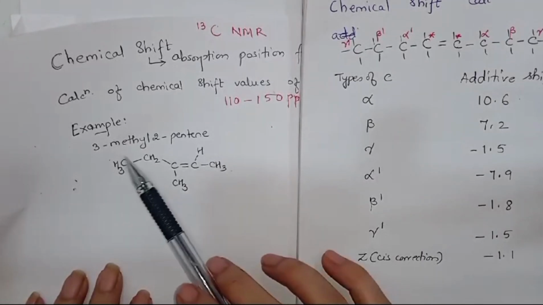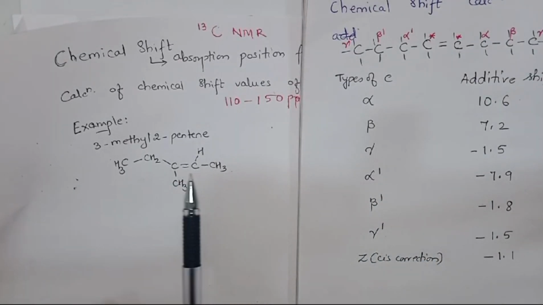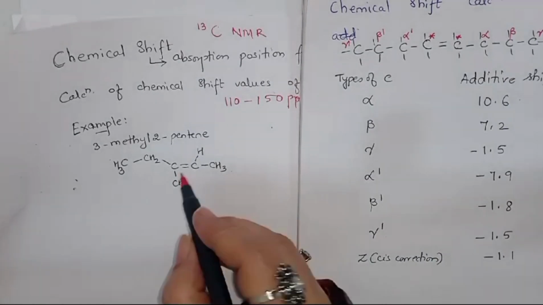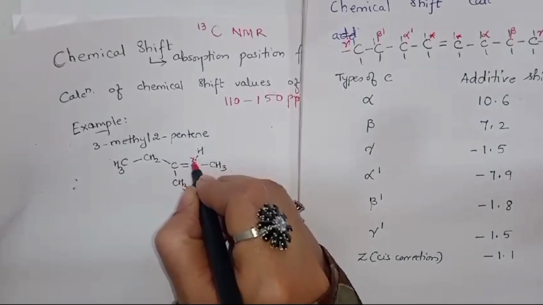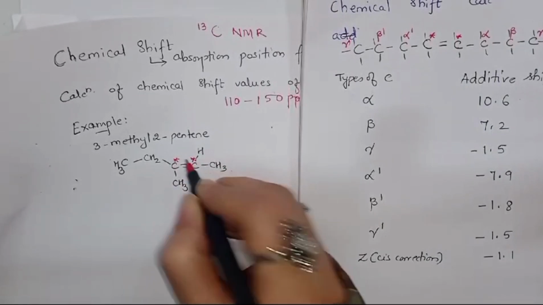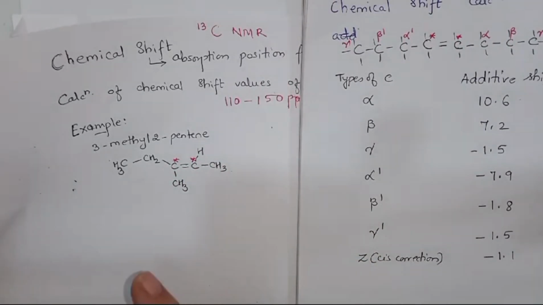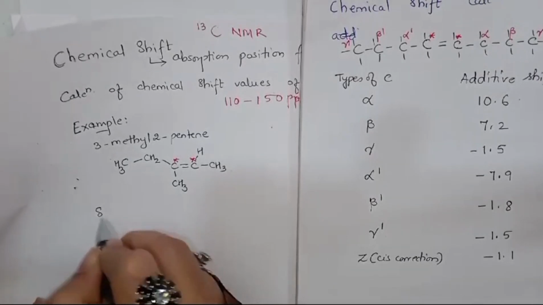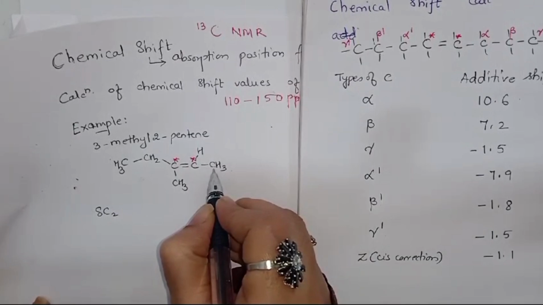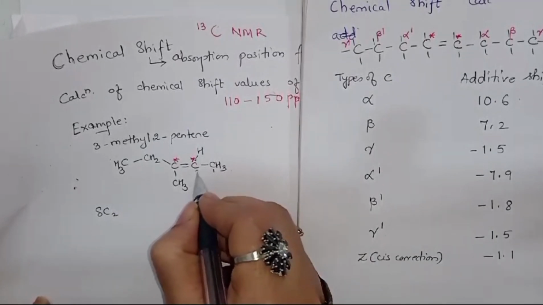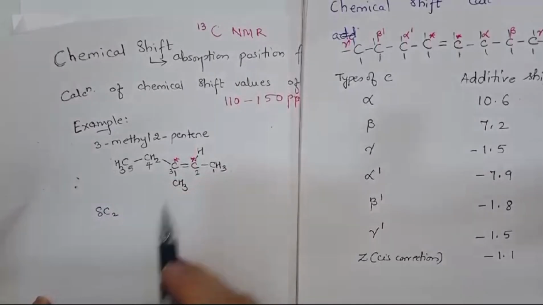An example of 3-methyl-2-pentene. Let us put the star on the carbons. In between the double bond, we get a star. Now, let us calculate shift for carbon 2. This is carbon 1, 2, 3, 4, 5. This one is 6.